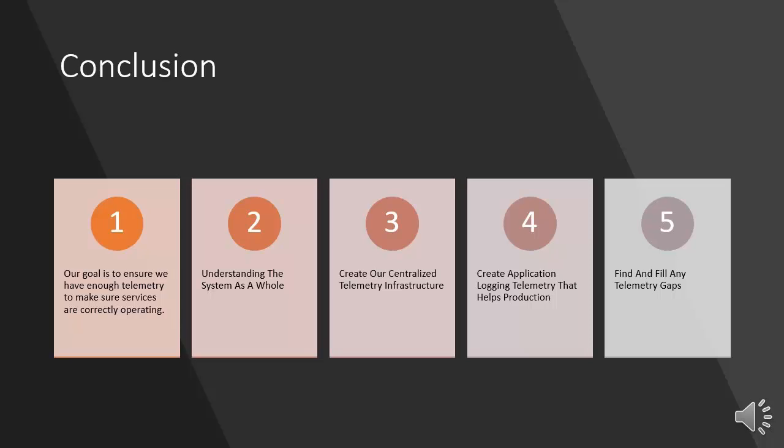To create application logging telemetry that helps production: if it was important enough for an engineer to implement a feature, then it is likewise important to make sure it is created with telemetry. Find and fill any telemetry gaps.